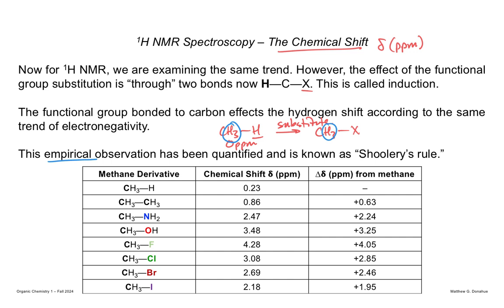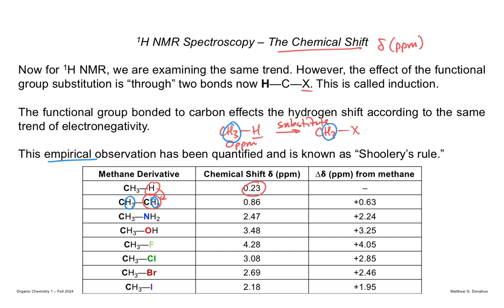So starting in the table here, methane we'll say is at 0.23. And then if we substitute an H, so H going to CH3, now again, what we're looking at is the chemical shift of the hydrogen atoms there.